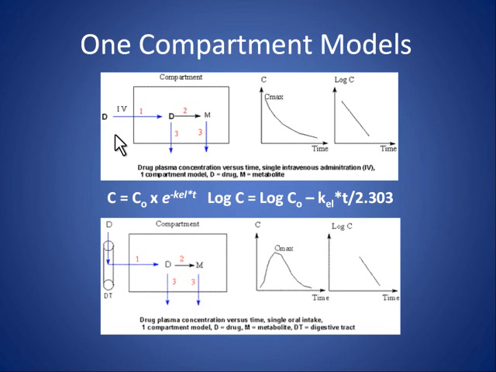Therefore, distribution of the xenobiotic behaves as if there is just one tissue in the body. This does not mean that the concentration of the xenobiotic is the same in all tissues. It just means that any changes in the xenobiotic concentration in all tissues are proportional.